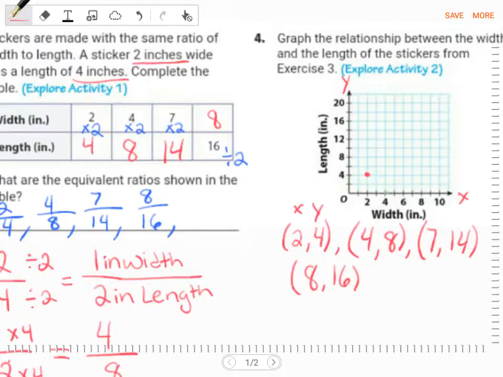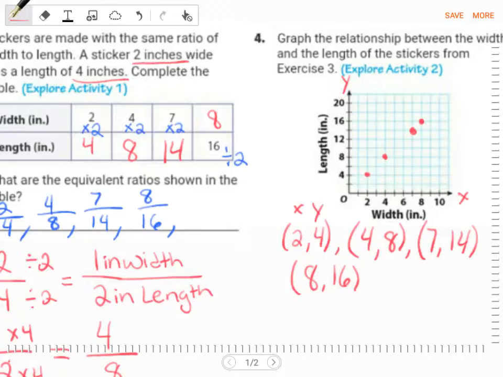Then I've got to go to the right 4, go up 8, and plot a point. Then for this third point, I've got to go to the right 7 and up 14, and plot a point. This last one, 8, 16, go to the right 8, up 16, and I plot a point.